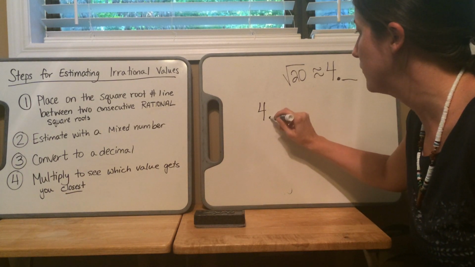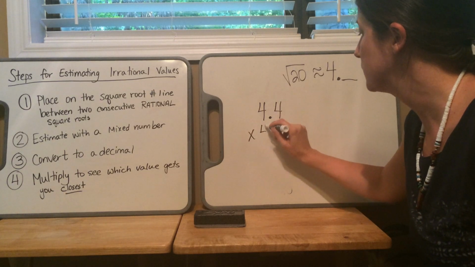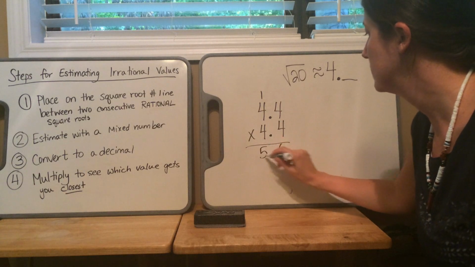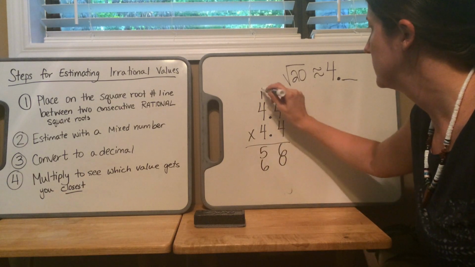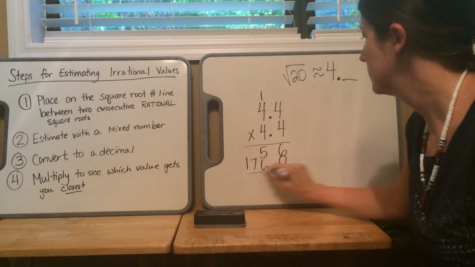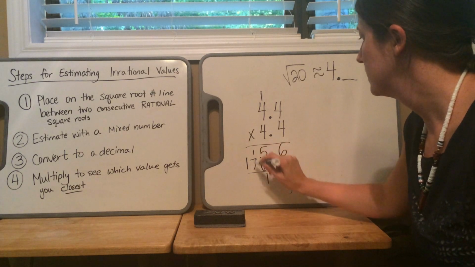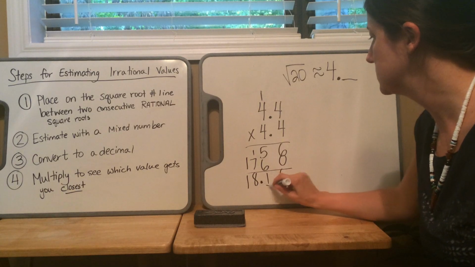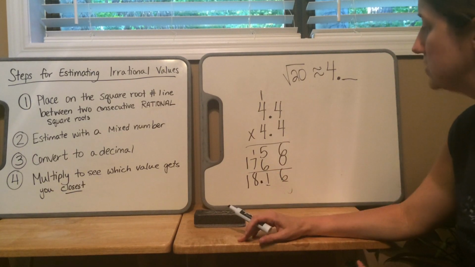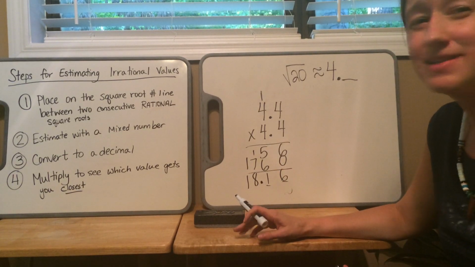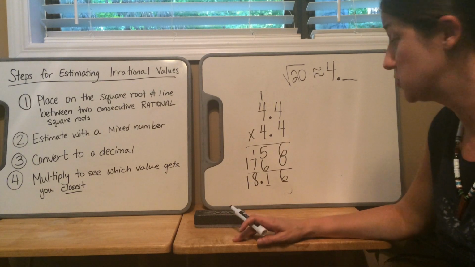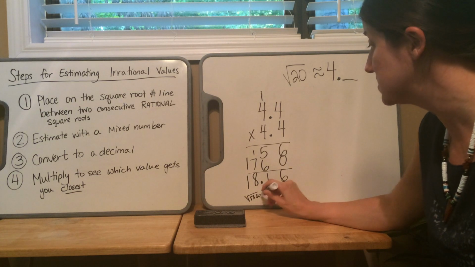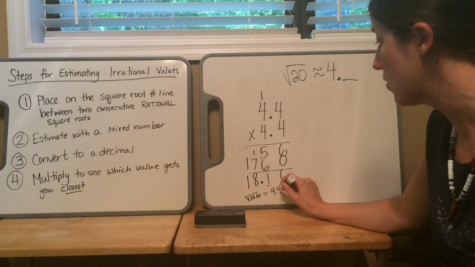So let's multiply. 4.4 times 4.4. Two digits in the decimal. So 18.16. Well, 18.16 is less than 20. So 4.4 squared is 18.16.